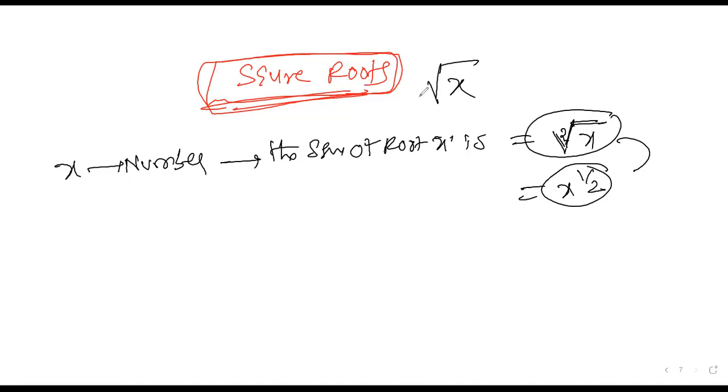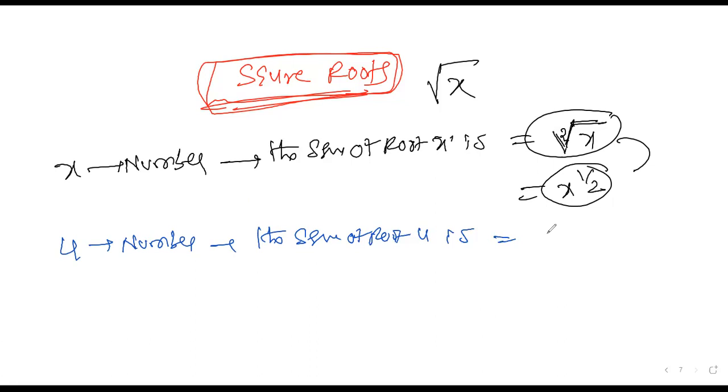Next, let us take an example. Suppose 4 is a number. The square root of 4 can be written as 4 power 1 by 2.